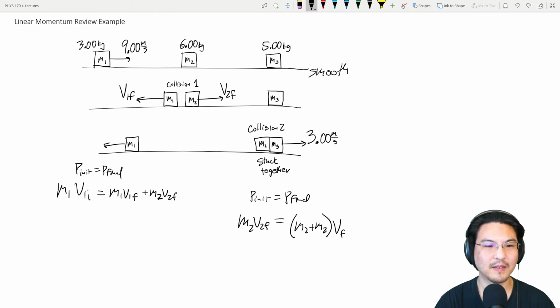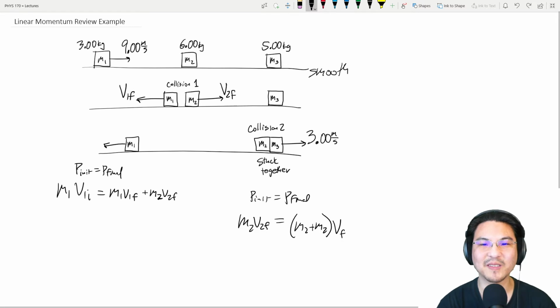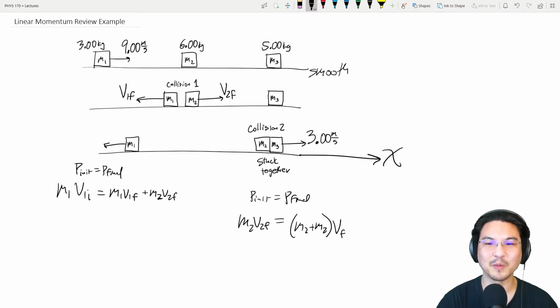Okay, so what is known and what is unknown? We know this right here, that's 3, or -3, depending on your choice of coordinates. If we pick coordinates so this way is positive, then that would be +3, and this would be +9.